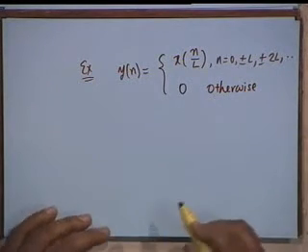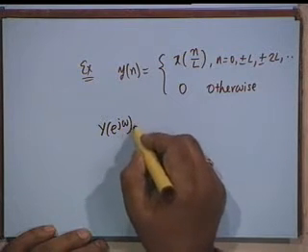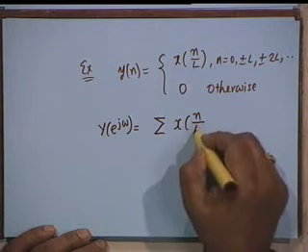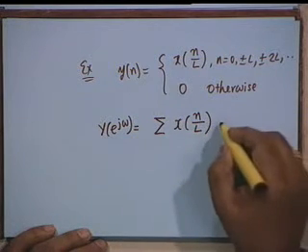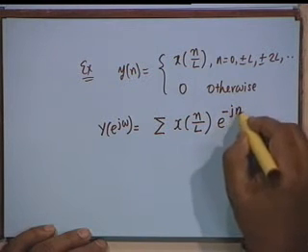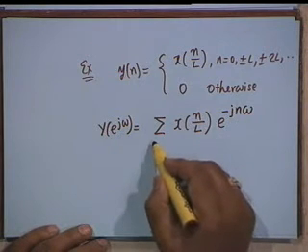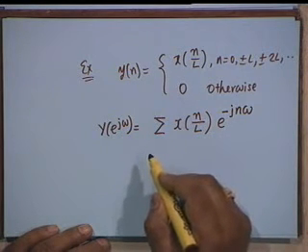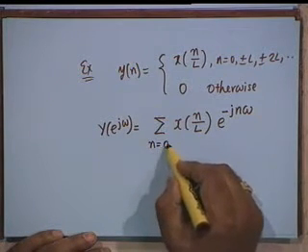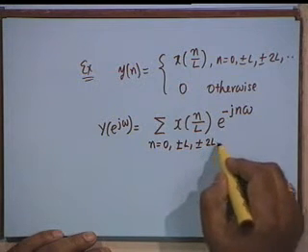The Fourier transform of y[n] is given by the summation of x[n/L] e to the power minus j n omega, that is the definition, where n shall now be restricted to either 0 or plus minus L, plus minus 2L and so on.